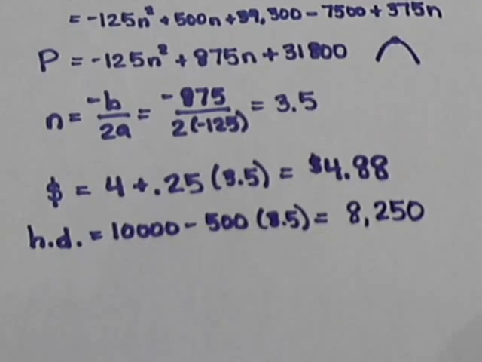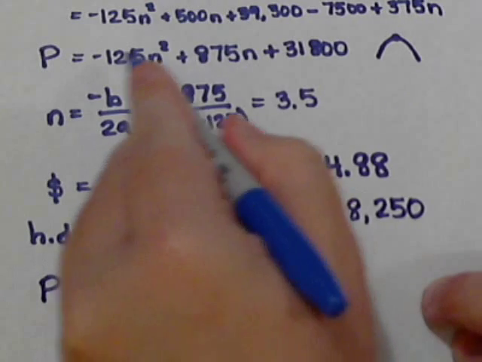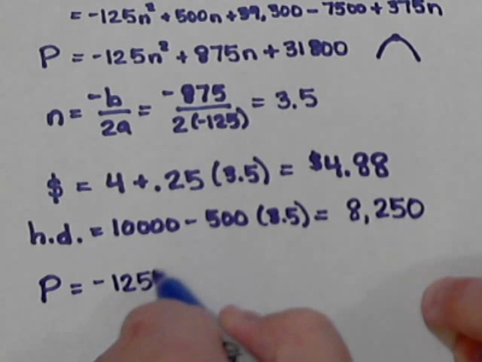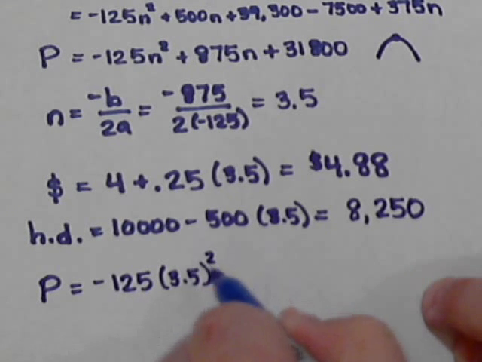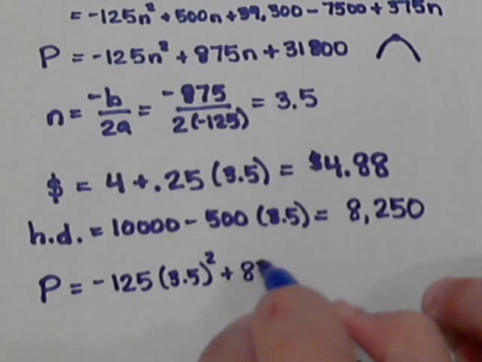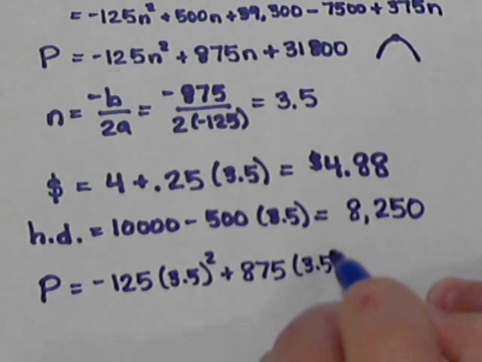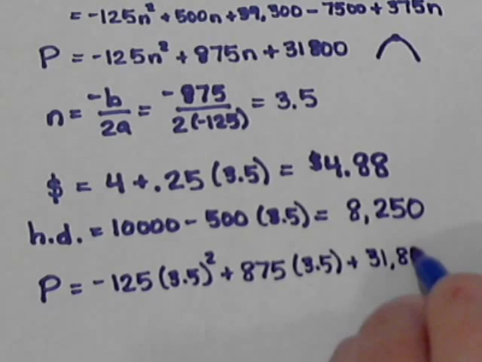And what will the profit end up being? Well, we've got our profit formula up here. Okay. Negative 125 times 3.5 squared plus 875 times 3.5 plus 31,800.